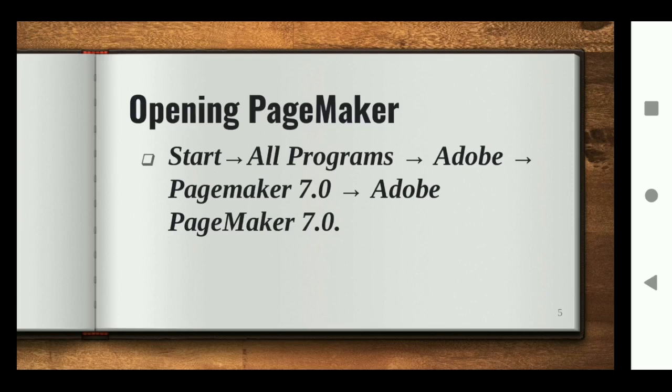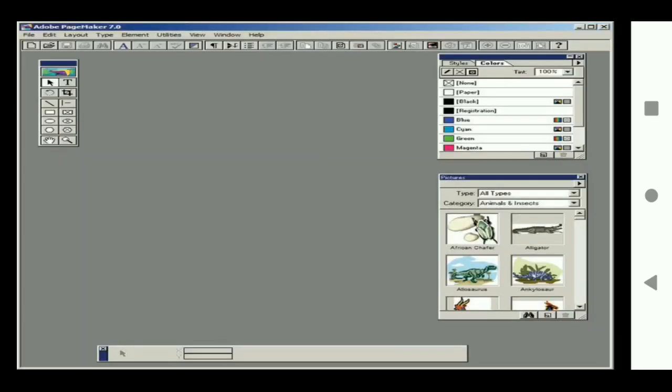There is more advanced software available, but here we are going to see Adobe PageMaker version 7. When you click on the options as shown here, PageMaker will open as shown here. This is the whole screen of PageMaker, which shows a blank opening screen of Adobe PageMaker.